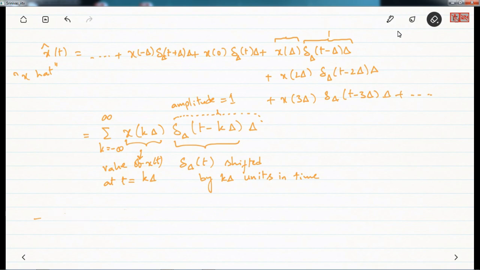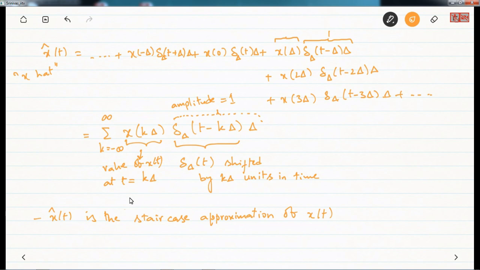So let me write that first. X hat of t is the staircase approximation of x of t, and as delta goes to 0, the approximation becomes better.